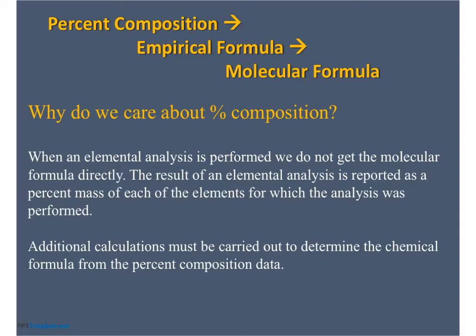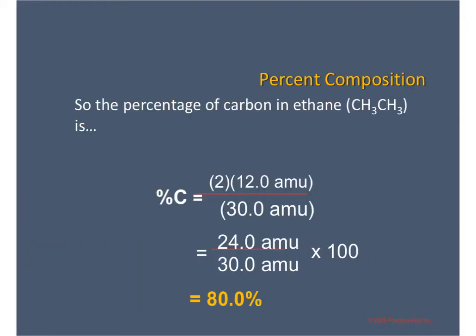Well, it turns out that a lot of the equipment we have for analyzing unknowns will give us results in the format of percent by element. And we can then, as you'll see later in this PowerPoint, take that percent by element information and turn it into an empirical formula and eventually the actual molecular formula. So I'll talk about the difference between these two formulas a little bit later in this PowerPoint, okay?